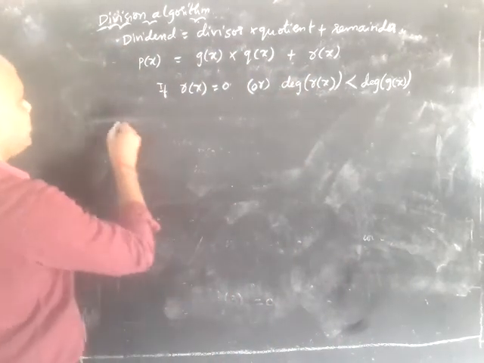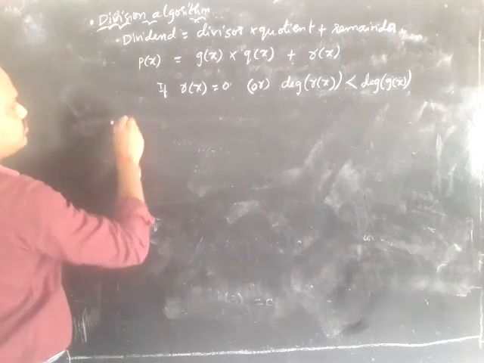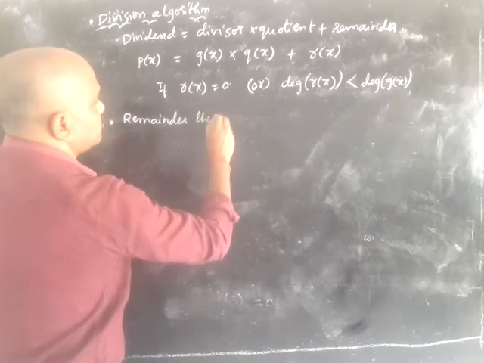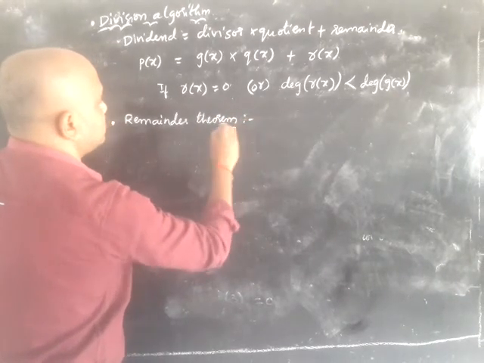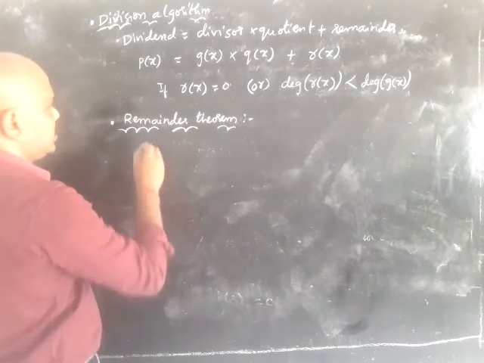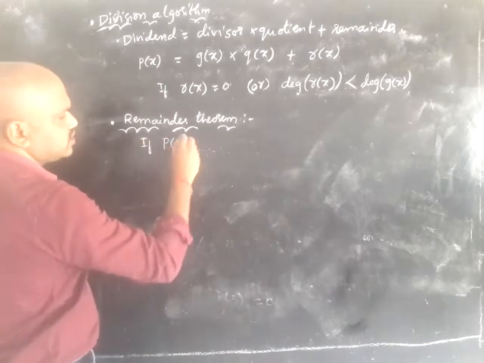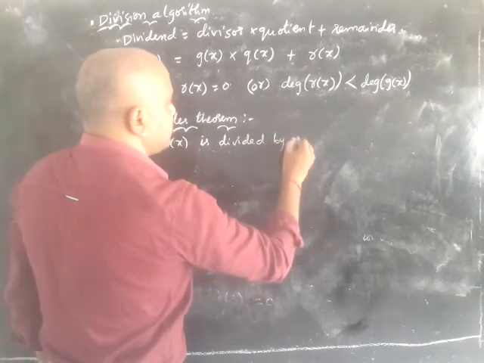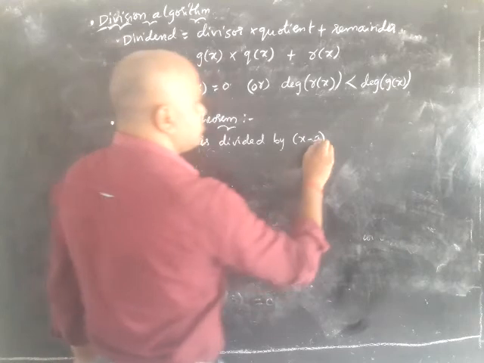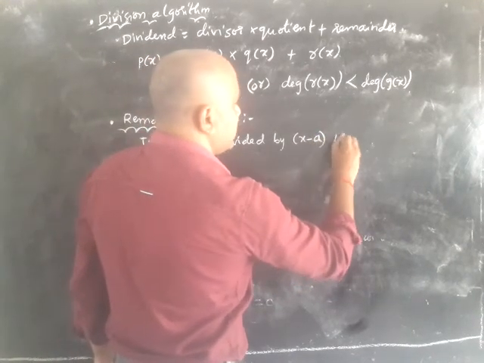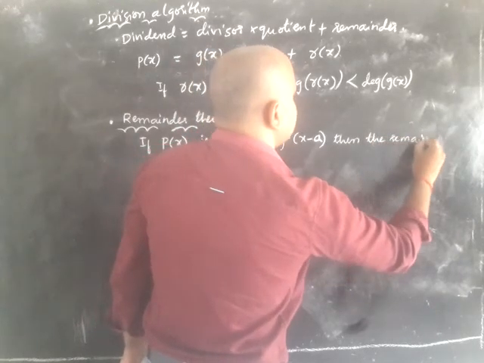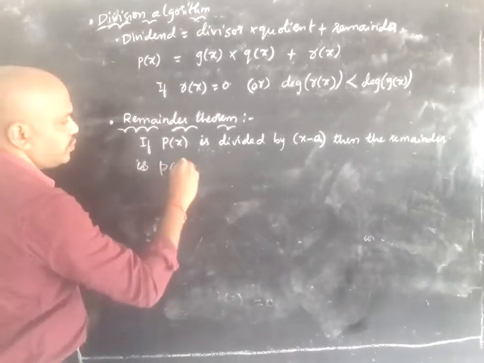Next, the remainder theorem. If P of x is divided by x minus a, then the remainder is P of a.